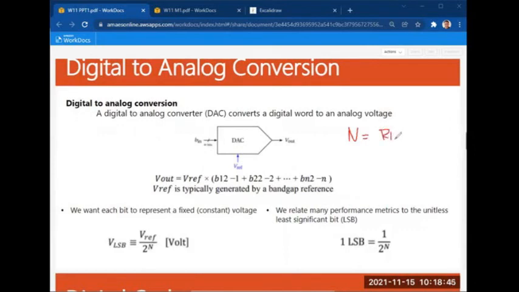Resolution means the number of bits of a data. I'm sure you've heard of the term bits. For example, if you have 1010 data, it is made up of 4 binary digits, so this is 4 bits.